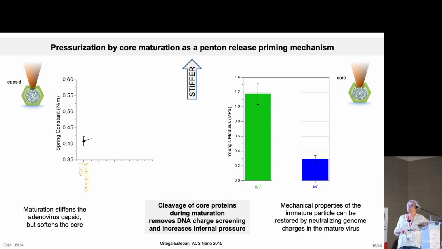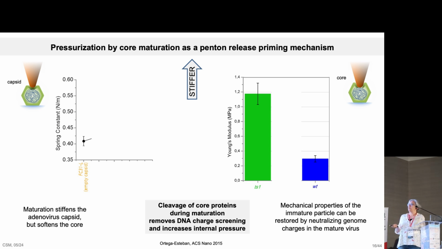And the answer to this question came again from the AFM. And remember that I told you that we think there is some kind of internal pressure inside the adenovirus particles, so we thought the internal pressure might be destabilizing the pentons. But we needed to actually have some more evidence confirming this internal pressure. So what we did was to measure the stiffness of different adenovirus particles by touching them with the AFM, but without breaking them.